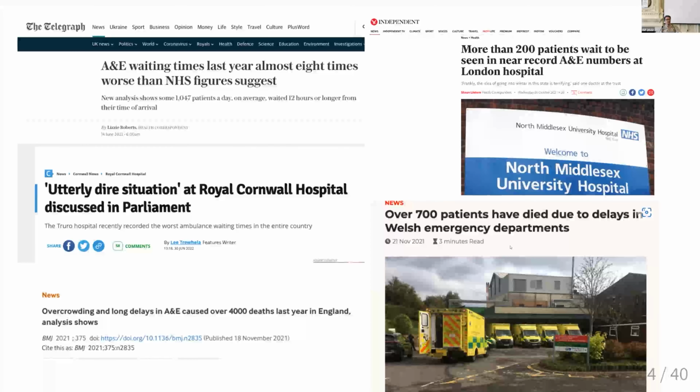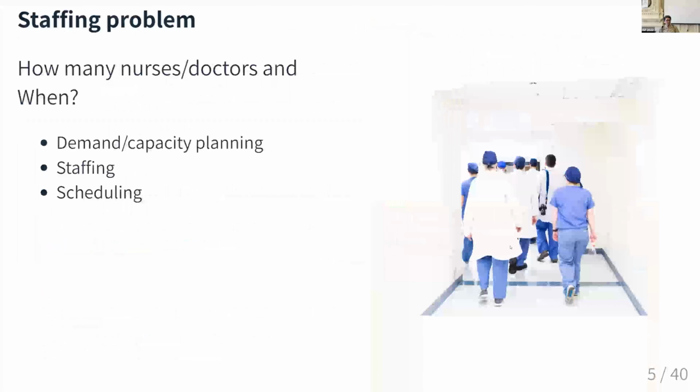I'm not claiming that if you forecast the demand accurately, all the problems suddenly disappear from emergency departments, because the NHS and healthcare, in particular unplanned care and emergency, is quite a complex system, and there are so many factors that affect each other. But nevertheless, having an accurate forecast will definitely help in better managing the emergency department.